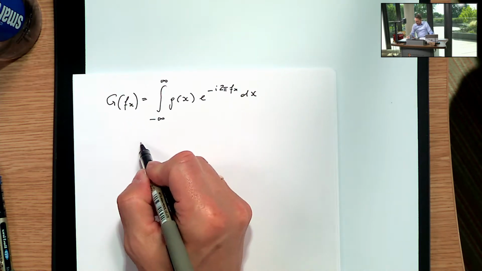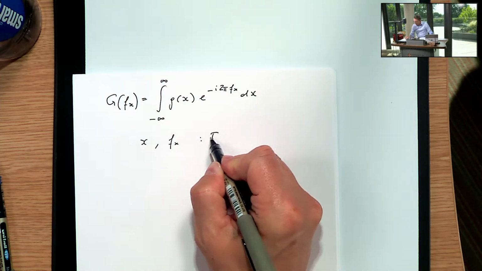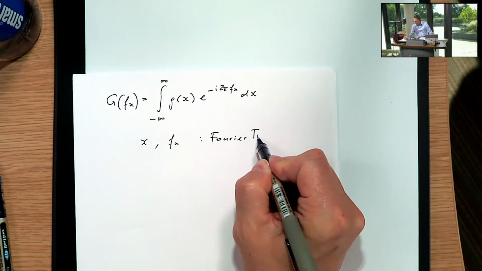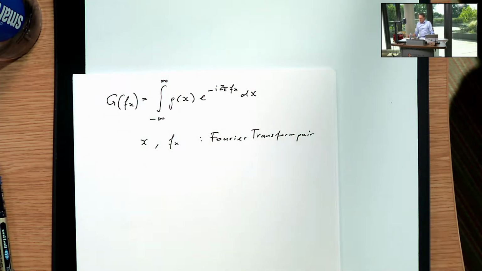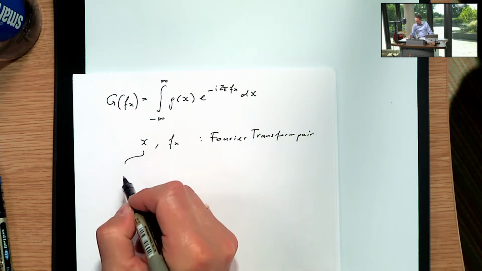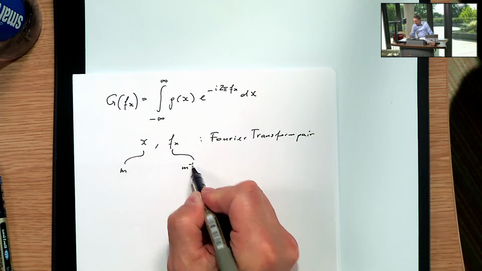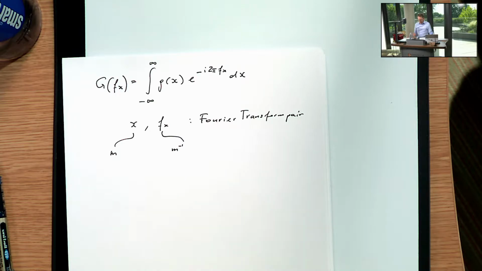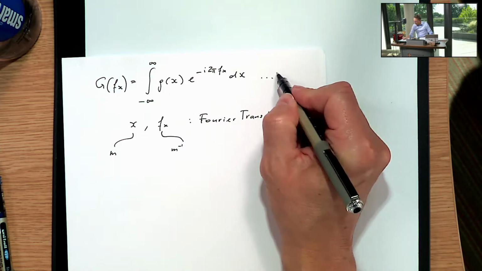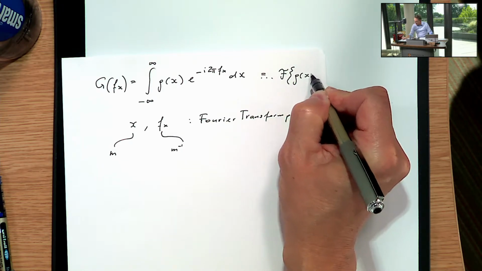And x and fx are a Fourier transform pair. For example, x may have units of meters and fx will have units of per meter. So these are spatial components, and you see they're inversely related with one another. This is called the Fourier transform of g of x.